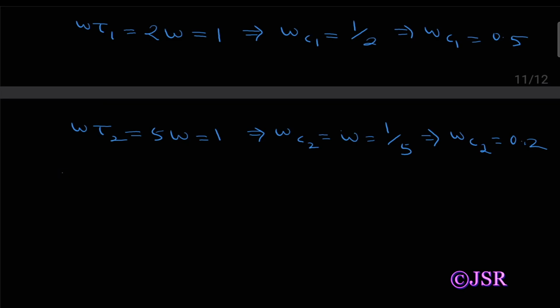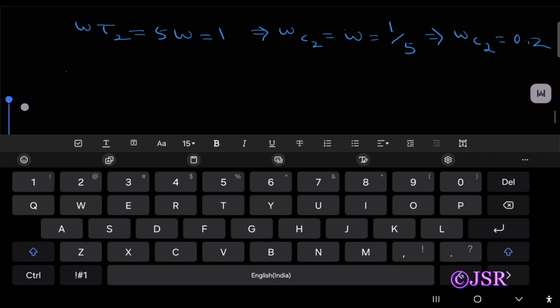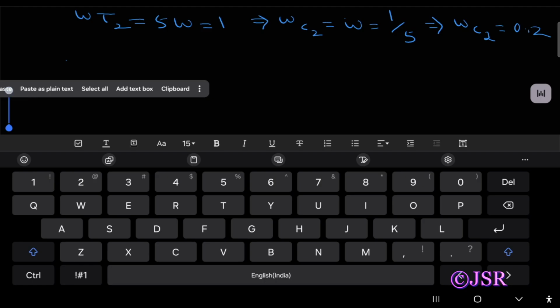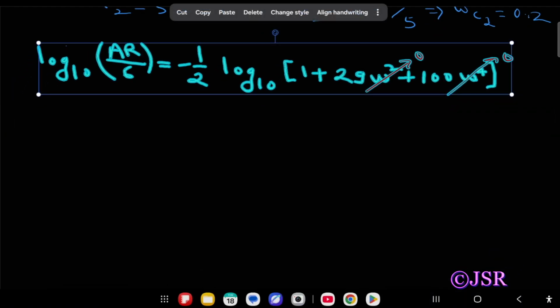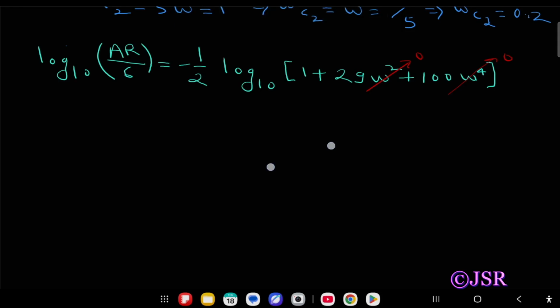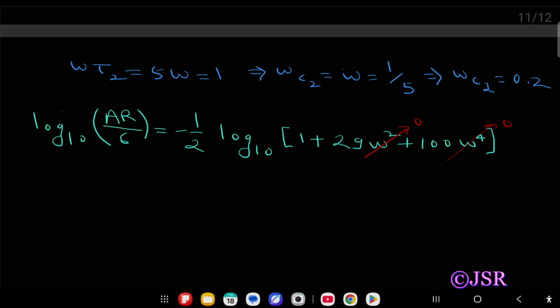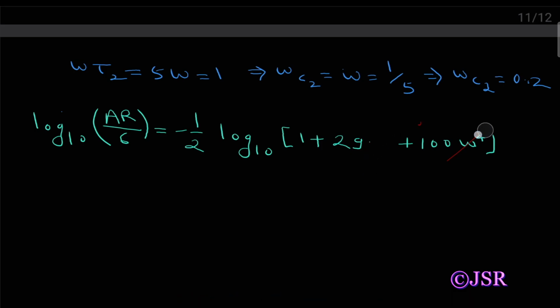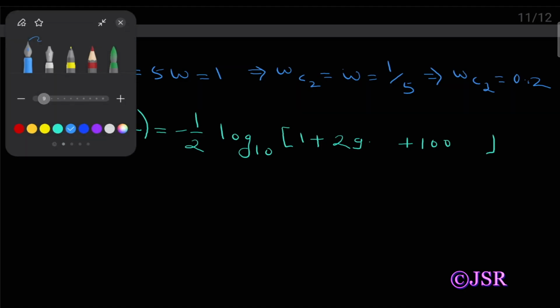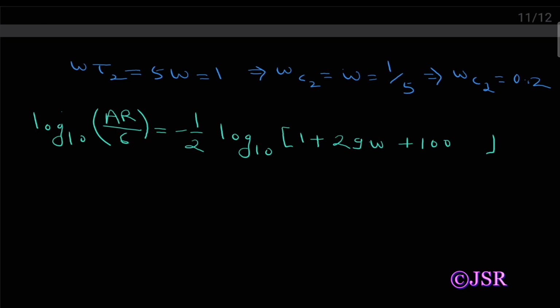So we will just copy the amplitude ratio expression once again, and here we will use this expression to find the actual value of the amplitude ratio at omega c1, that is 0.5.